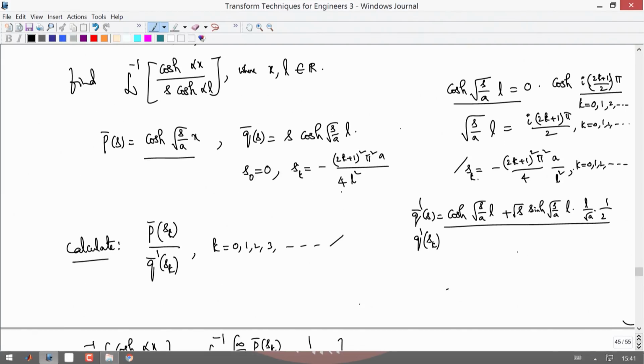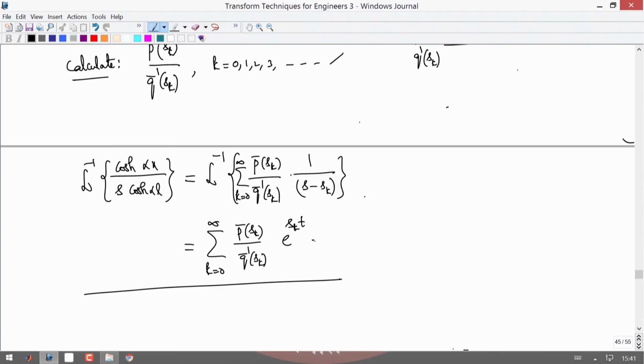Okay. So, if the sk's are the roots, s0 is one root and k is from 0 onwards. So, let me call this s minus 1. So, you have s minus 1 and here sk is from k is from 0 onwards. So, you have k is from minus 1 onwards.